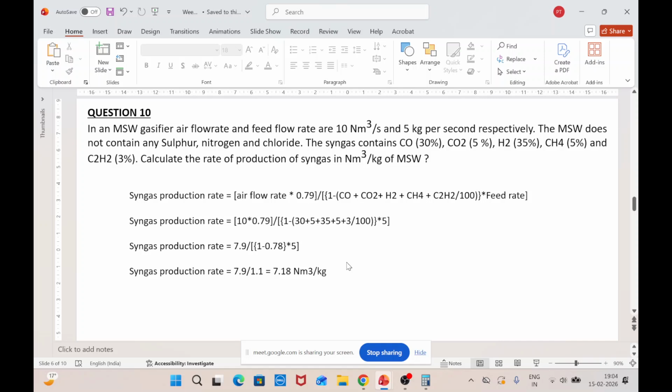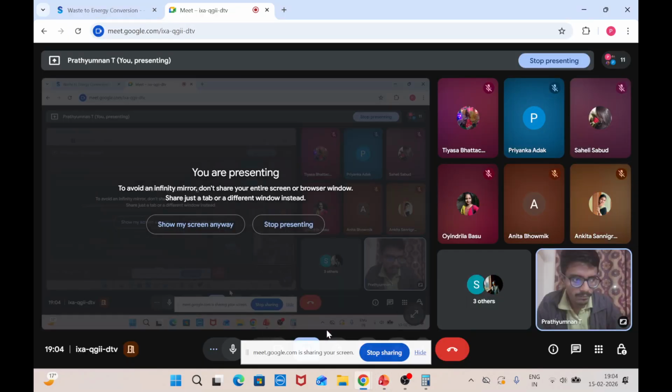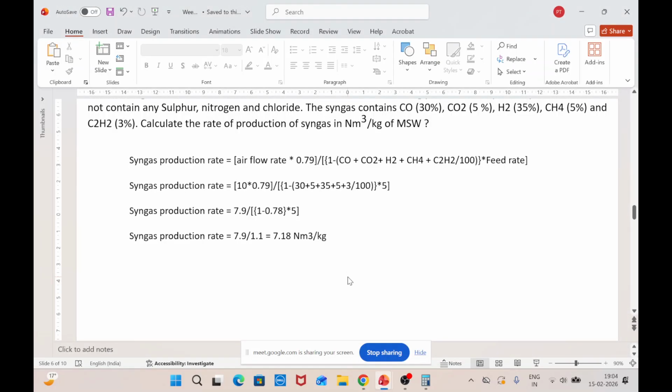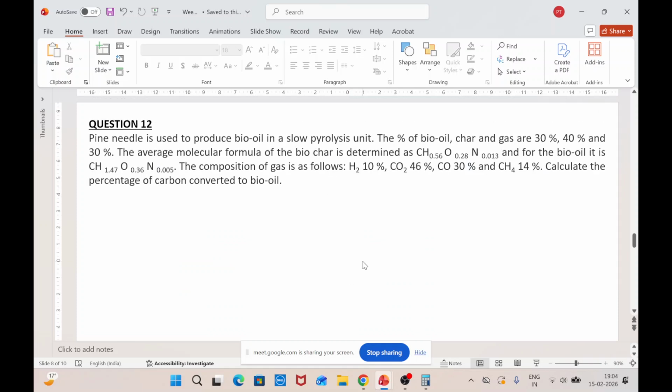So if there are no doubts, can I move to question 12? Question 11 we will take up later. Question 12 is more important. Shall I proceed further? Okay, so let's go to question 12.